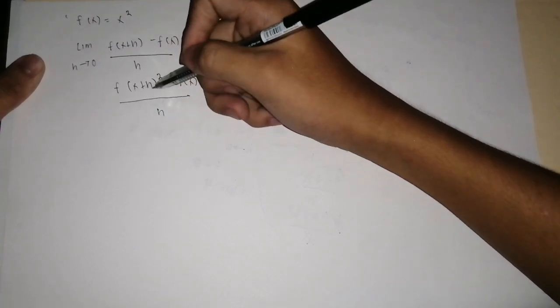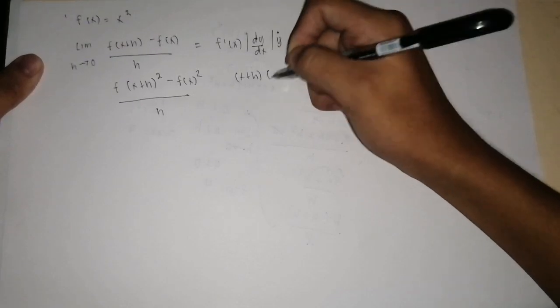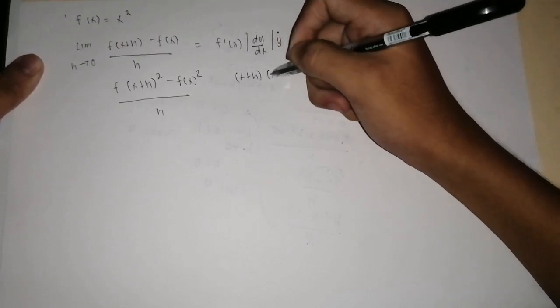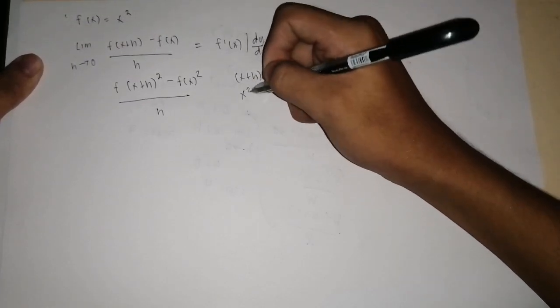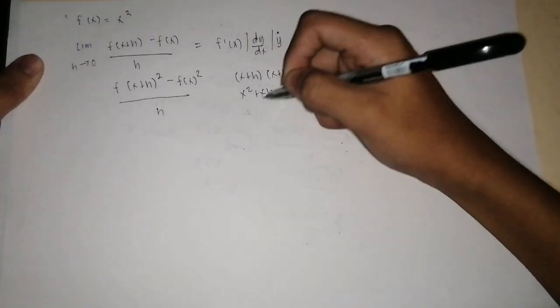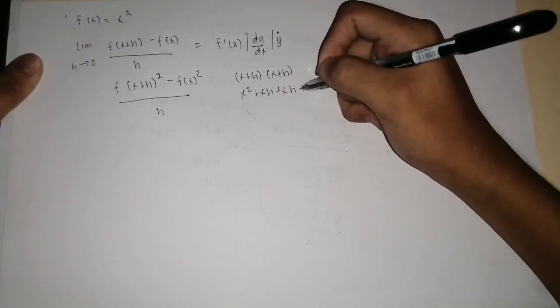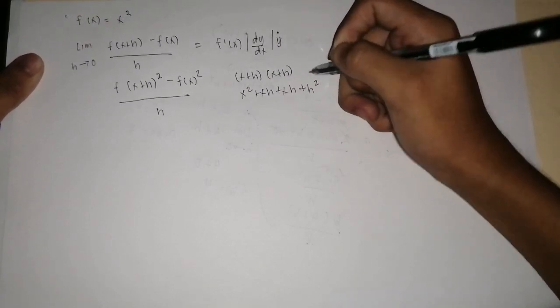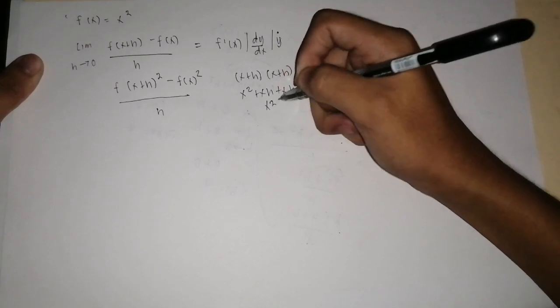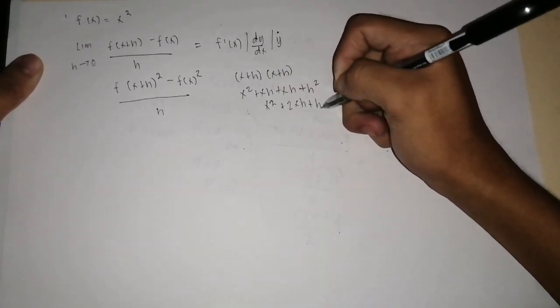Then, x plus h squared is same thing as x plus h times x plus h. Then, first term to the first term is x squared. Then, inner to the inner is xh plus xh. Then, last term to last term is h squared. So, x squared plus 2xh plus h squared.